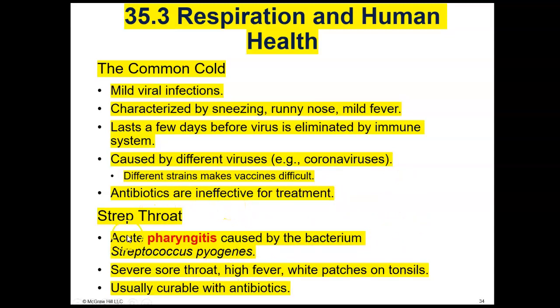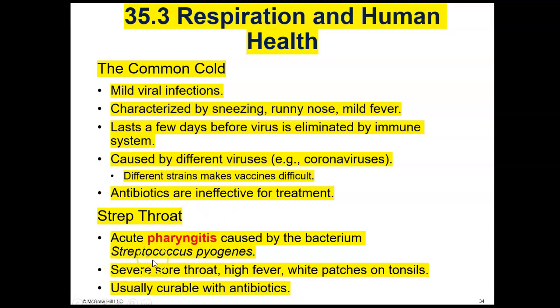Another thing that you can have in the upper respiratory system is strep throat, which is known as acute pharyngitis. Acute means it's going to go away. Chronic means it's going to last for a long time, but acute means that it's going to go away. So pharyngitis is inflammation of the throat, and a bacterium causes this.